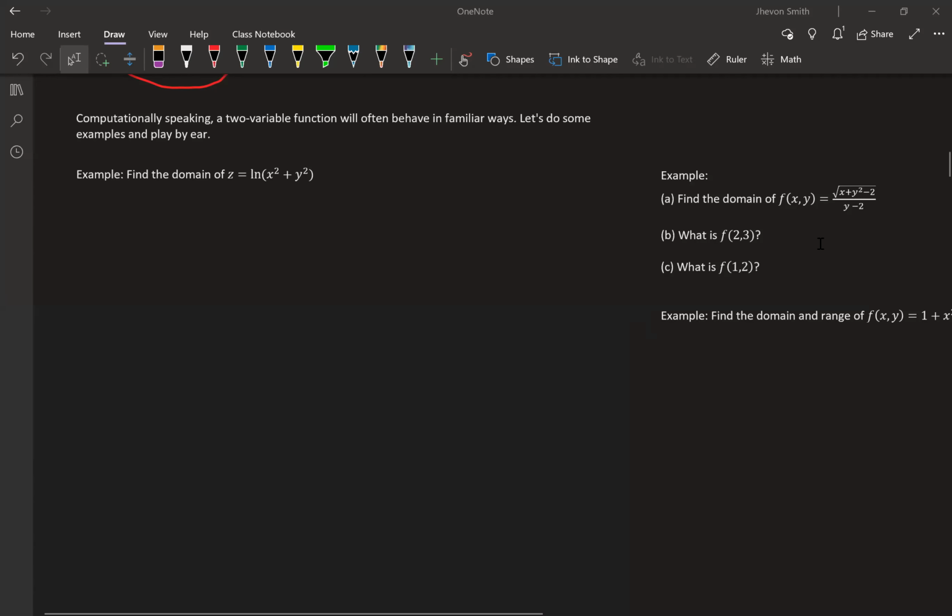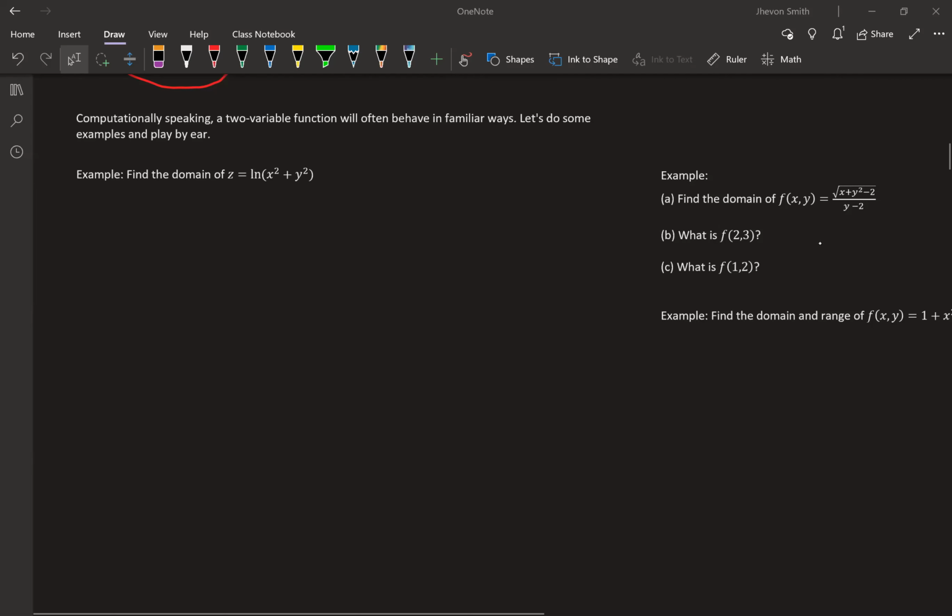Right, what you're plugging inside the logarithm has to be positive. Log of 0 is undefined, and log of a negative is undefined when you're talking about real-valued functions. Log of a negative would be a complex number.